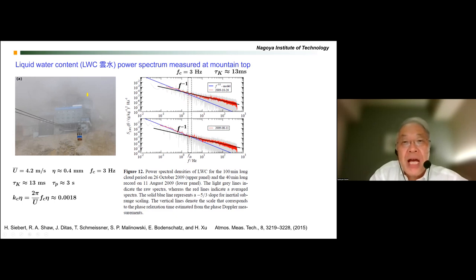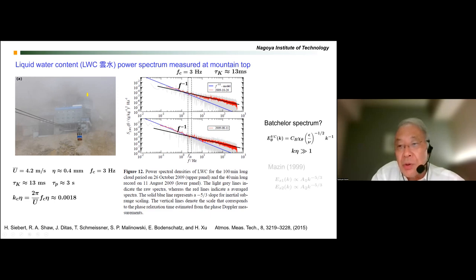The slope looks like f to the minus 1. This slope has some resemblance to the Batchelor spectrum of the passive scalar in the viscous convective range, where the spectra used to obey k to the minus 1. But the precise physics of this spectra is not known.